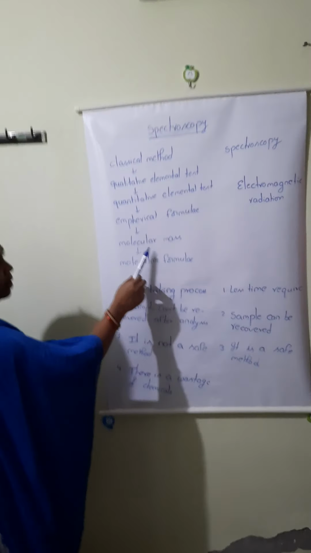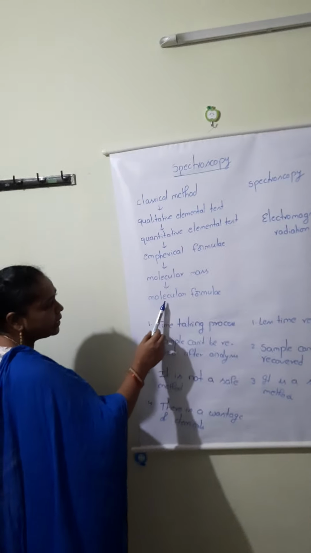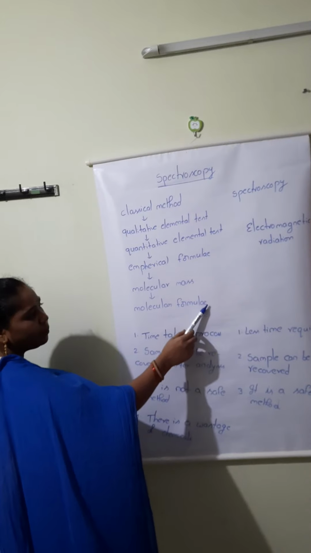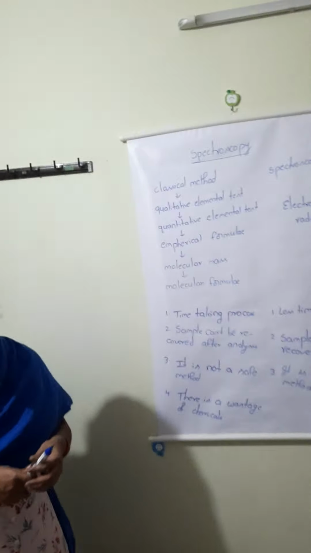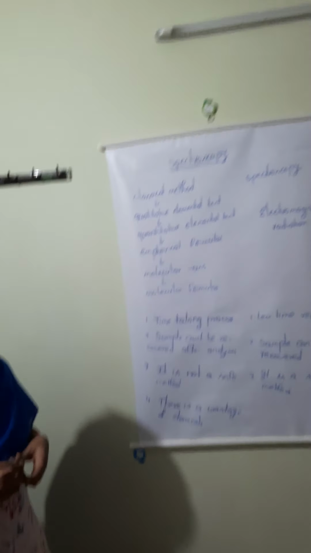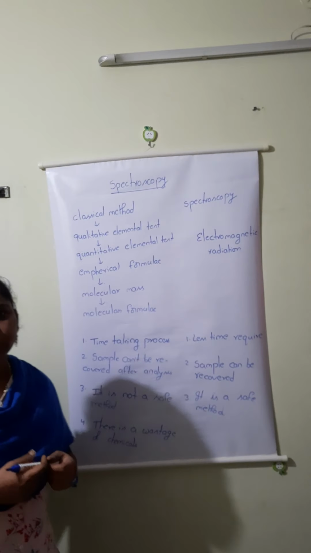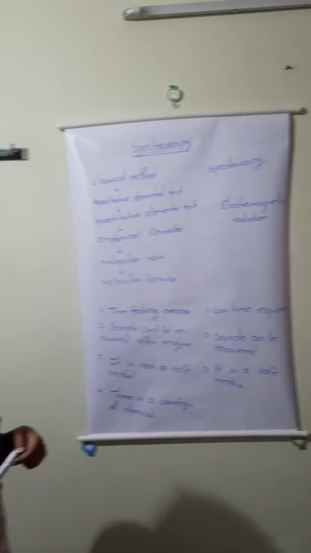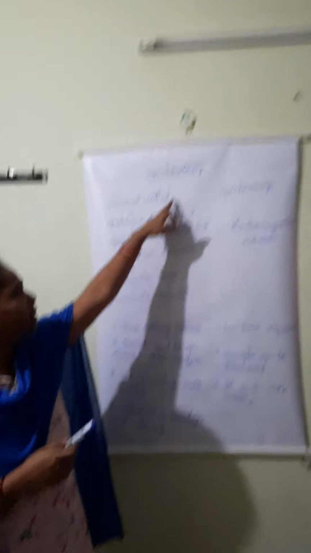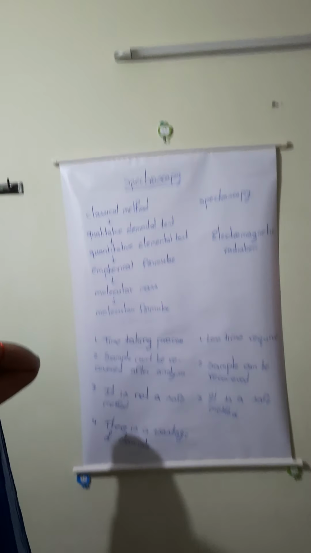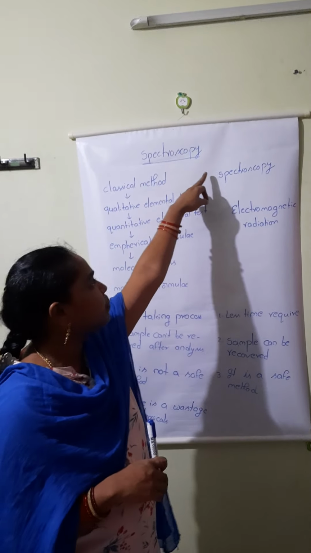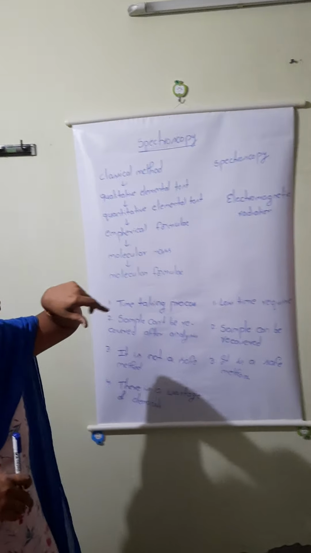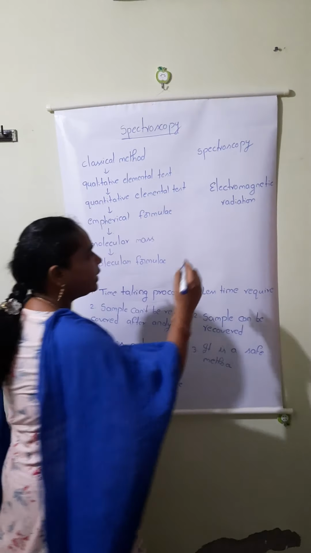From this we can determine the molecular mass, and from this we can determine the molecular formula of the compound. That's how we can determine the compound. So this is identification of a compound by the classical method in olden days. Nowadays, we can identify the compound by using spectroscopy.